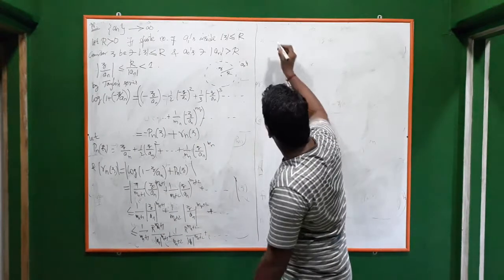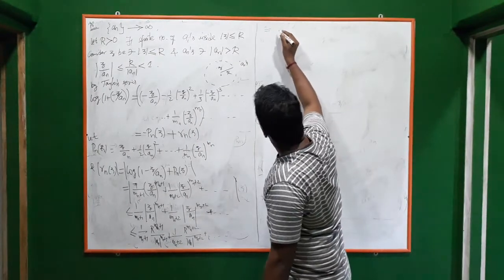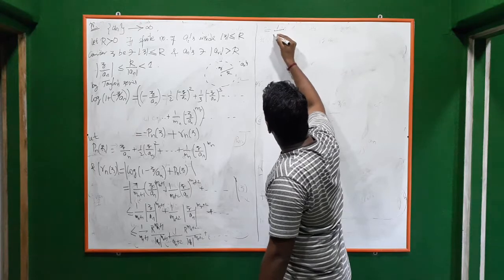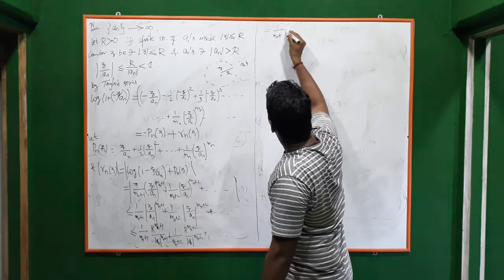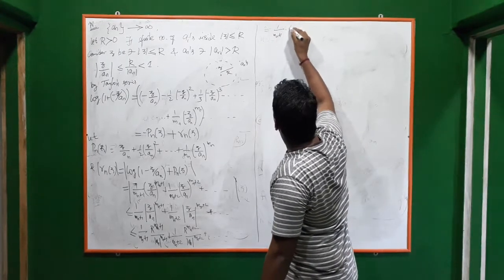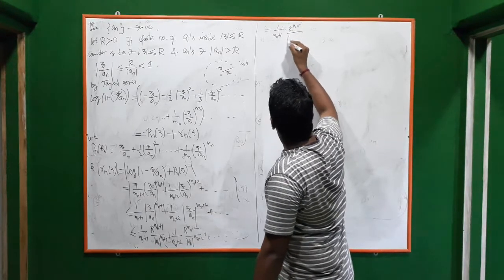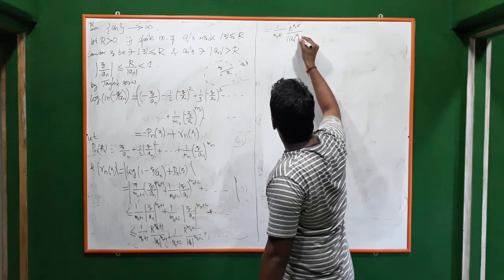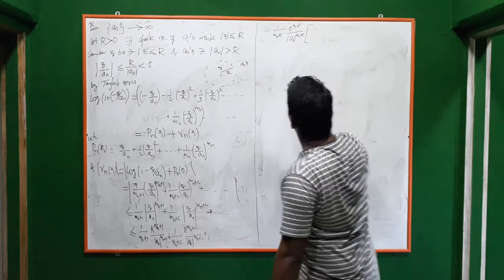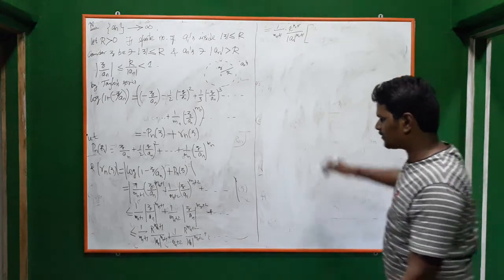So I'll write the steps directly. This will be 1 by mn plus 1 into r power mn plus 1 by mod an to the power mn plus 1. Take all these things outside. Then inside what will be there?